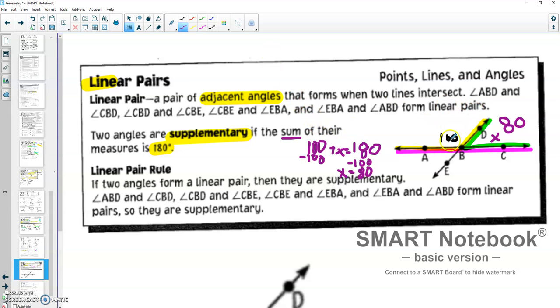Okay, now let's see. What if I had this yellow line, and I know this is adjacent to the green line, but is it also adjacent to something else? Is this yellow angle next to another angle? The answer is yes. If you look right here on the blue, it's also next to this angle.